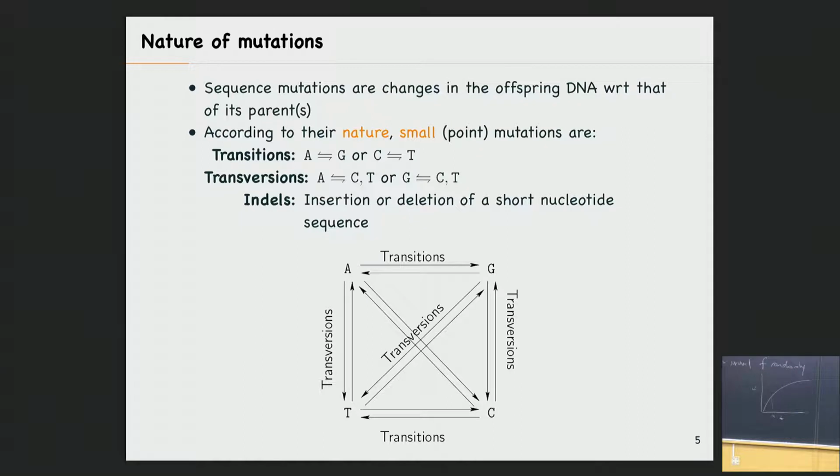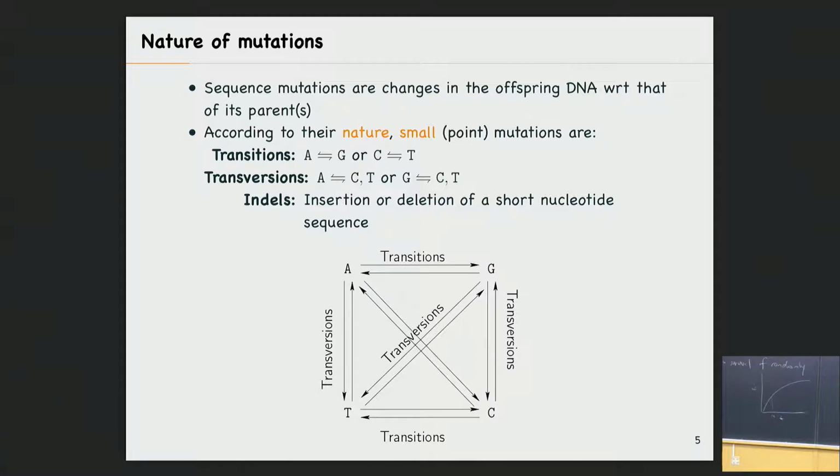That is a situation in which one nucleotide changes its type from the parent to the offspring. So sequence mutations are changes in the offspring DNA with respect to that of its parents. And the simplest ones that we consider are called point mutations, mutations of a nucleotide into a different nucleotide.